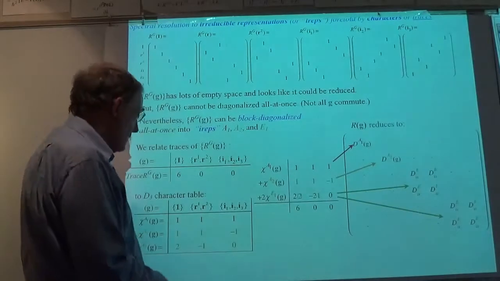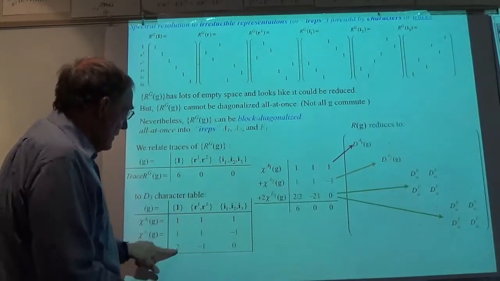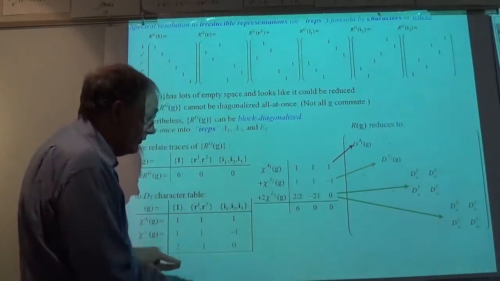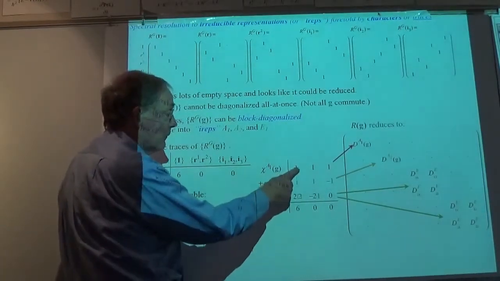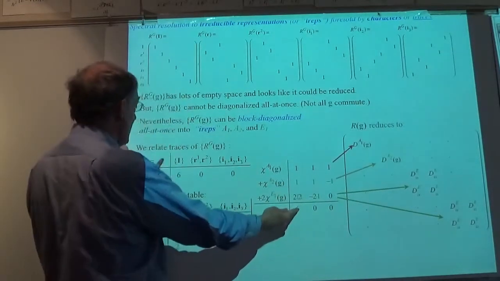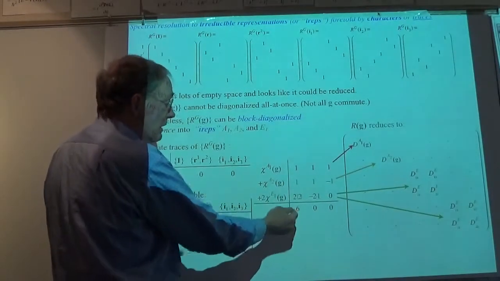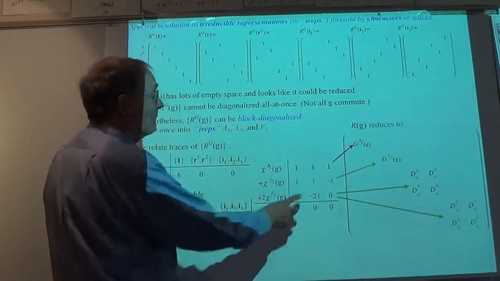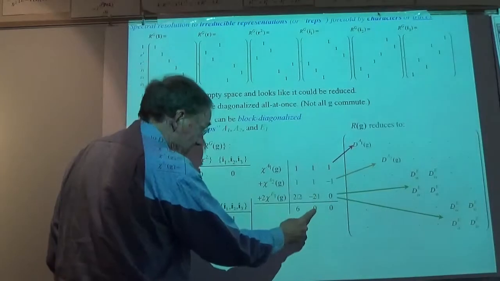And the idea is that one of these plus one of these plus two of these, okay, 1, 1, and 2 times 2 is 4, is 6, so that gets that number right. And then I have to have 2 times the minus 1 plus 1 plus, that gives 0.